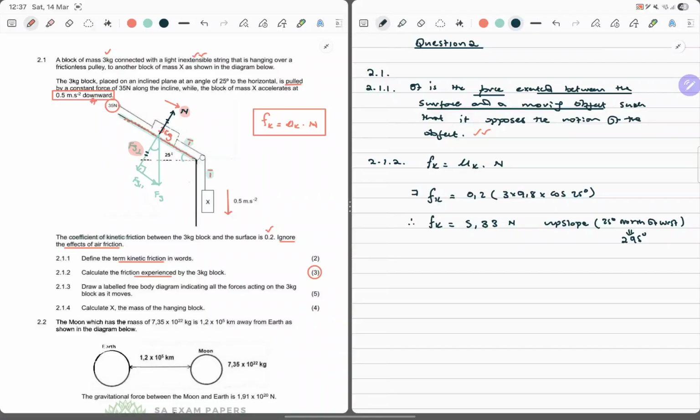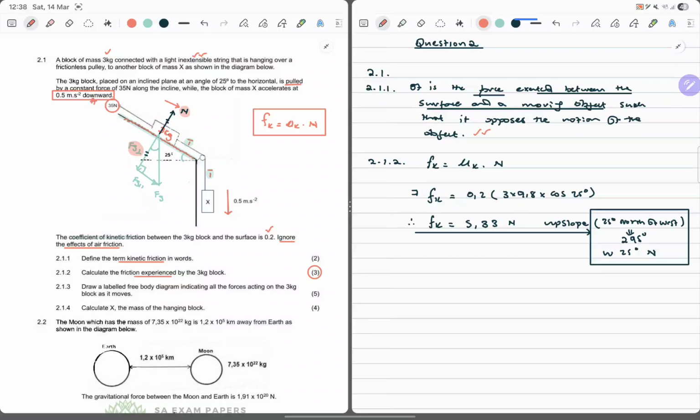Or, if you will, you can use the complement of that 25 degrees and say that's going to be west of north. Okay. There's plenty of ways. Of course, guys, we can even say from the west we move 25 degrees north. So, as I said, these are some of the ways in which one can explain the direction. But to just say upslope is better and simpler.